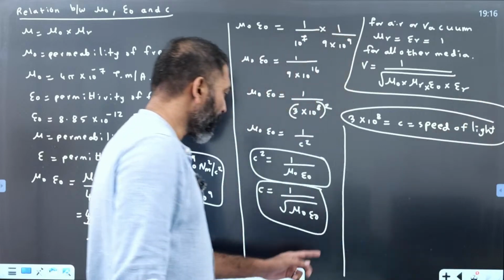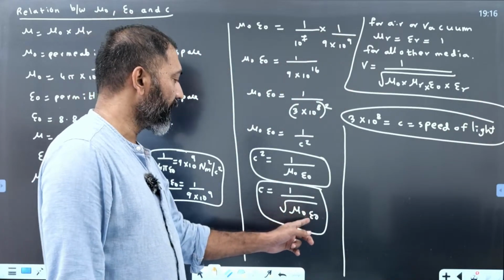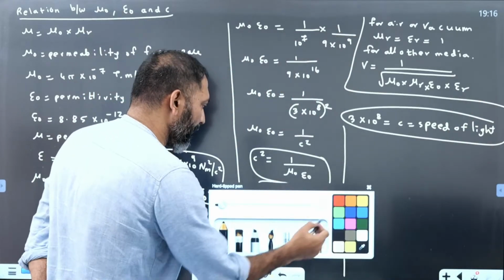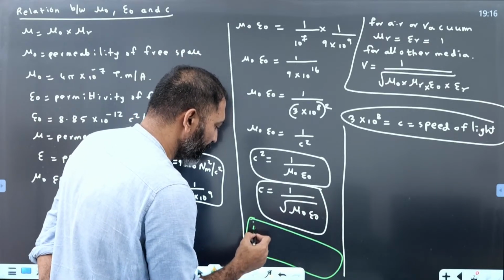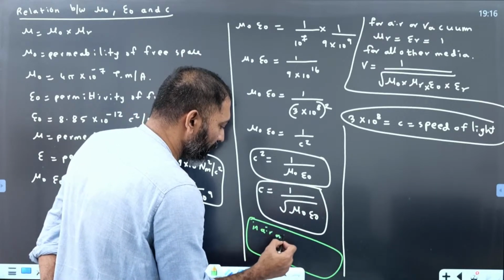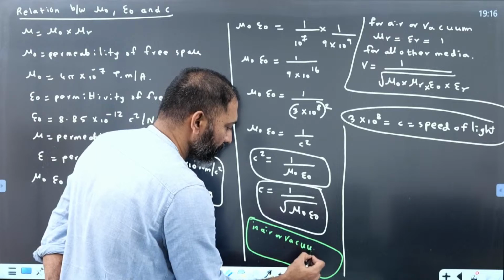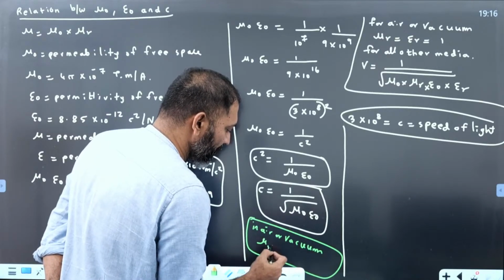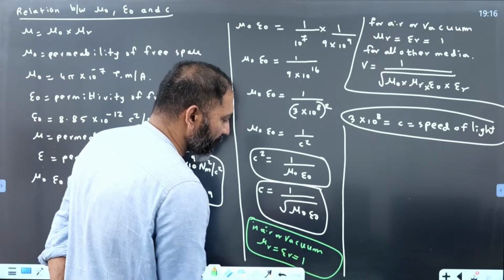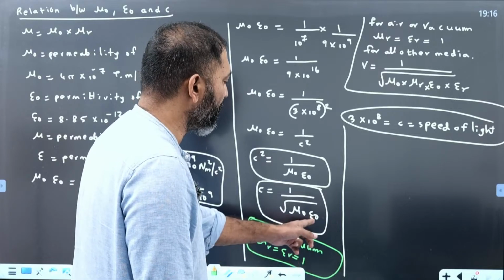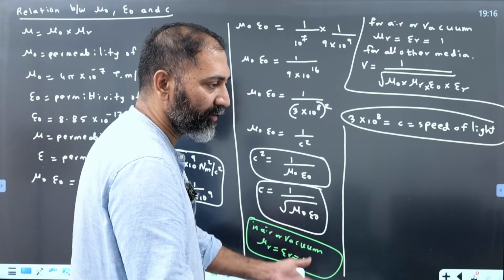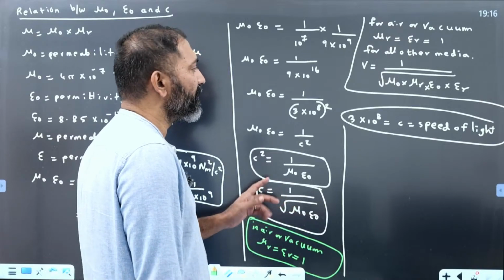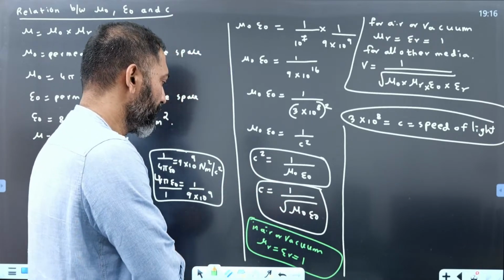See, why I am not writing mu r and epsilon r here? Here I am assuming that in air or vacuum, mu r equal to epsilon r equal to 1. So that is the reason I am not writing mu r and epsilon r here. Because even if you write that, there is no change. Because its value is 1. And the speed of light is 3 into 10 raised to 8.